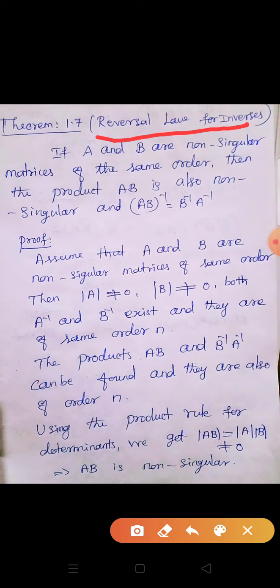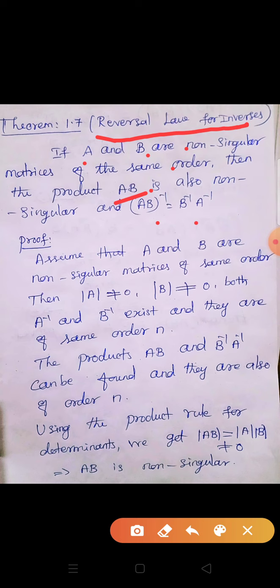Okay. Next we are going to the reversal law for inverses. This reversal law we already studied in 10th standard for transposes. But here it is the reversal law for inverses, and now we are going to prove it. The statement is given: if A and B are non-singular matrices of the same order, then the product AB is also non-singular, and AB whole inverse is equal to B inverse A inverse.